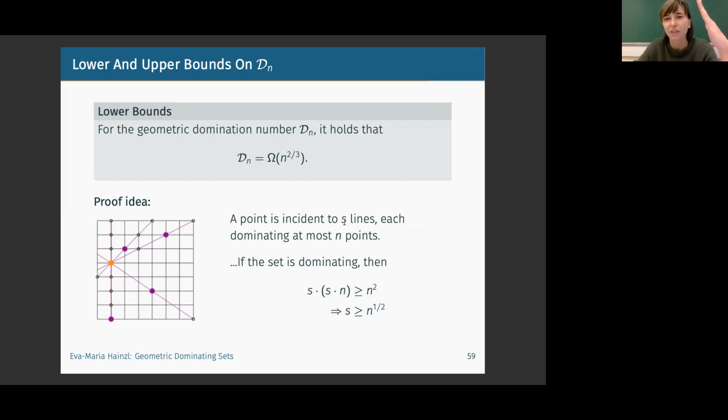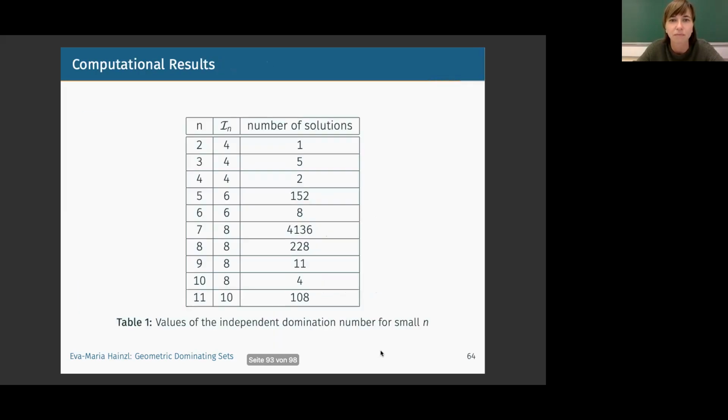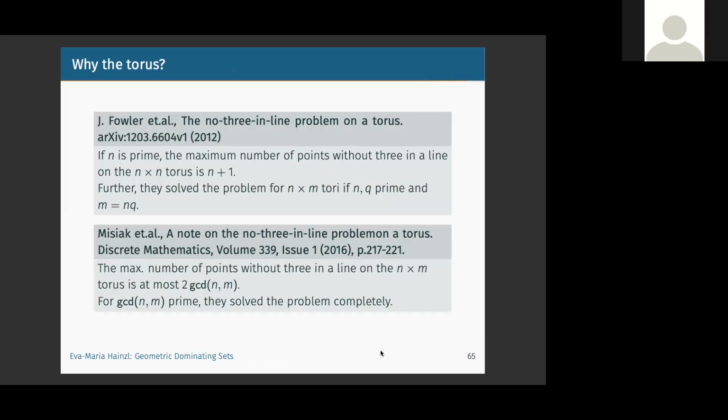Essentially, you count the visible points from this point here, and then you do the counting argument again. But I couldn't obtain any better results from this idea, but you're absolutely right.